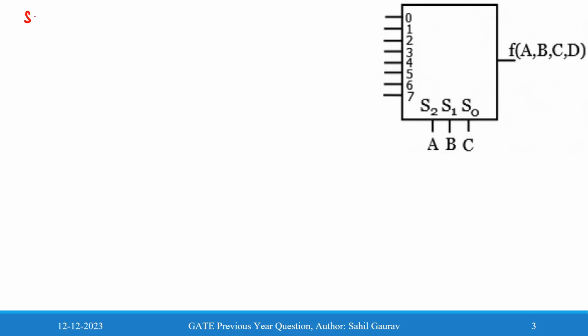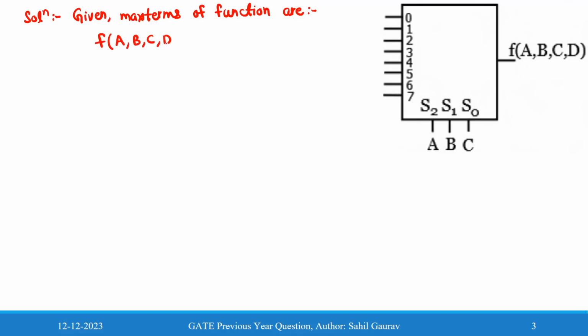Solution. We have to represent this function whose max terms are given. The max terms of the function f(A, B, C, D) will be represented like this: 1, 5, 12, 15.